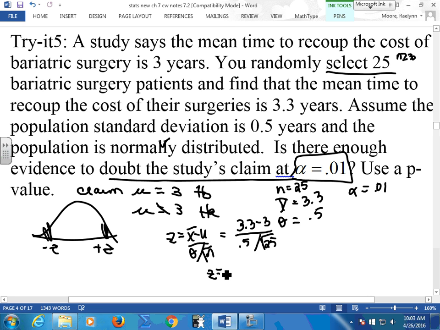So let's find your z-score. Everybody find the z-score with me. I don't want to hear later, I can't put it in the calculator. It didn't work in the calculator. So which side should it be on, the right side or the left side?